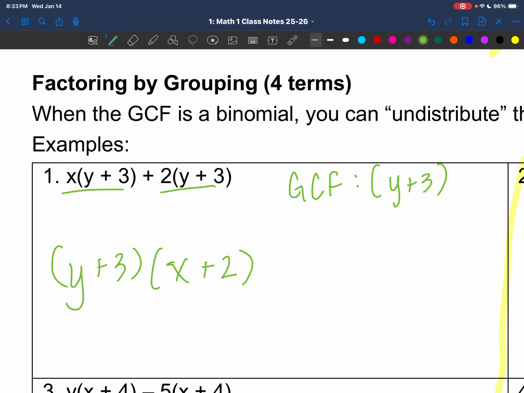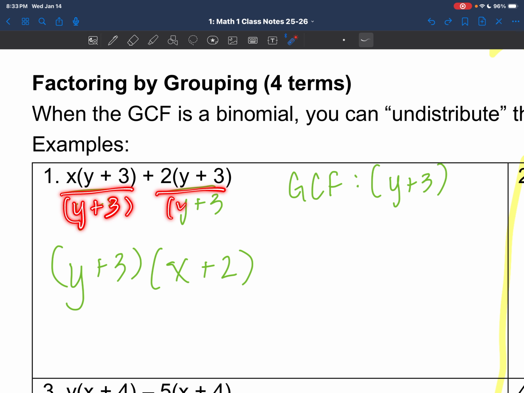So when you do that, we're going to divide both terms by y plus 3, and you can put it in parentheses or not. And remember, that's going to be your GCF.